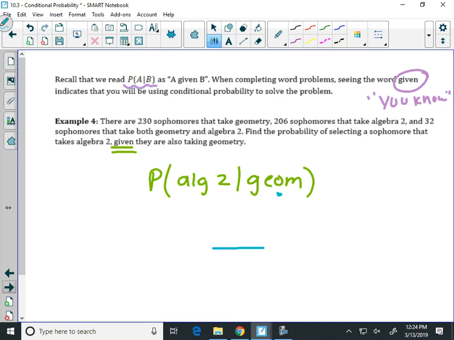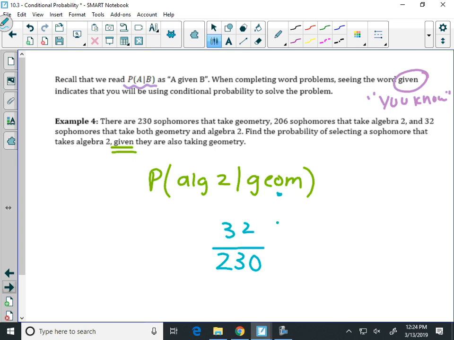How many total sophomores are taking geometry? 230. Of those 230, how many are also taking algebra 2? 32.